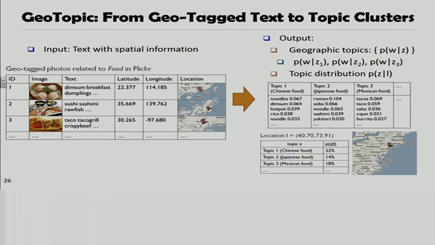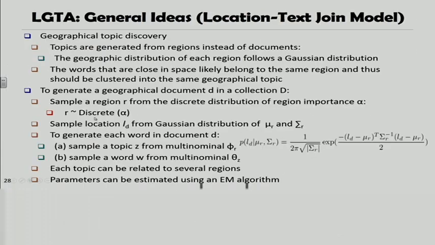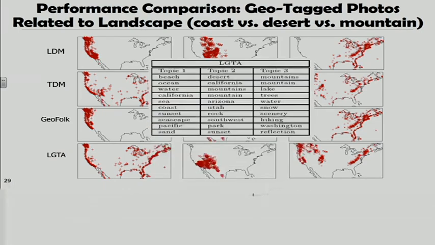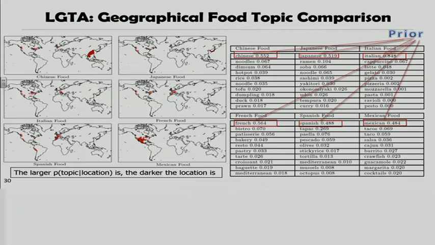He found a very interesting result. Probably before I get into this, I can show you. This one is the food. This is the place the Chinese food is very popular. This is the place the Japanese food is very popular. This is where Italian food is very popular.